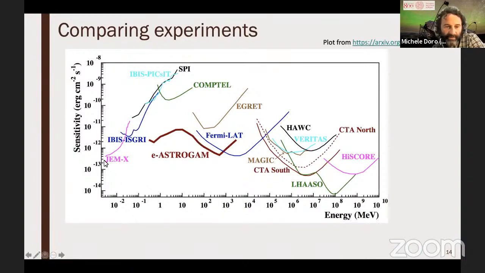You have these ones here, 2 or 3 orders of magnitude. This one is more, but it's kind of 2 instruments at once, EGRET and Fermi-LAT. This is the sensitivity, but you see that here it is much less sensitive than here. So you have to focus on the main part in which the instrument is really sensitive. That's the first message, and that's why you need to have that many.